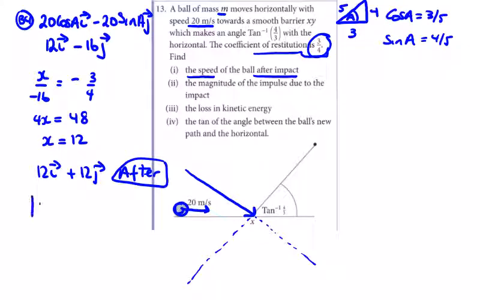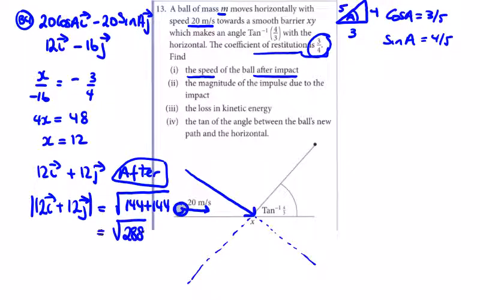So the magnitude of 12i plus 12j is going to be the square root of 144 plus 144, which is the square root of 288 meters per second. That's 144 by 2, so 12 root 2 meters per second.